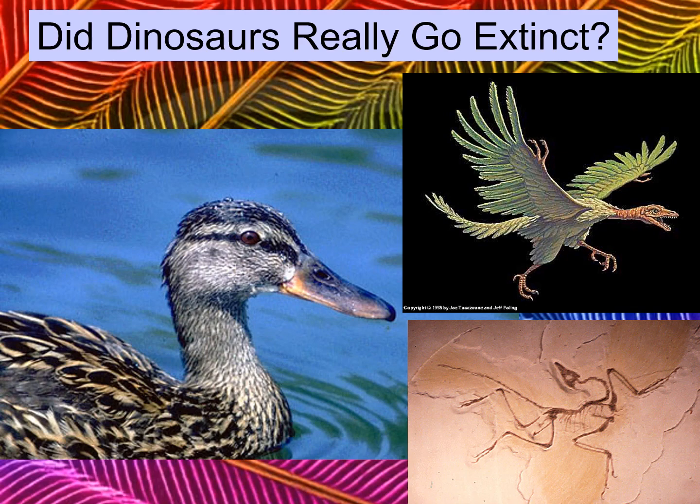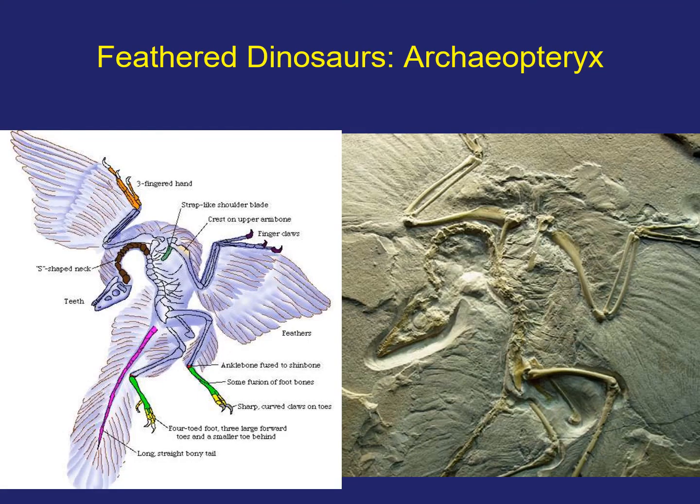It had teeth in its mouth. And you can see a fossil of this below. So there are many, many fossils that have been found of things that are definitely reptiles that do have feathers.